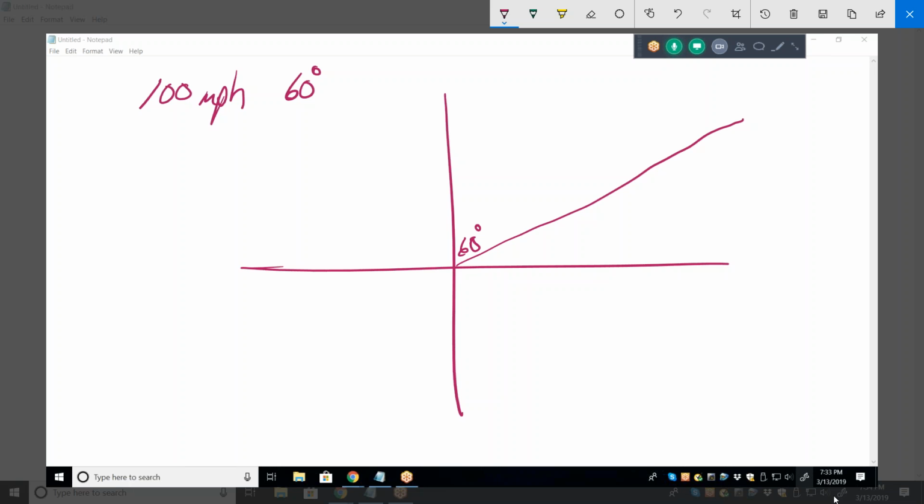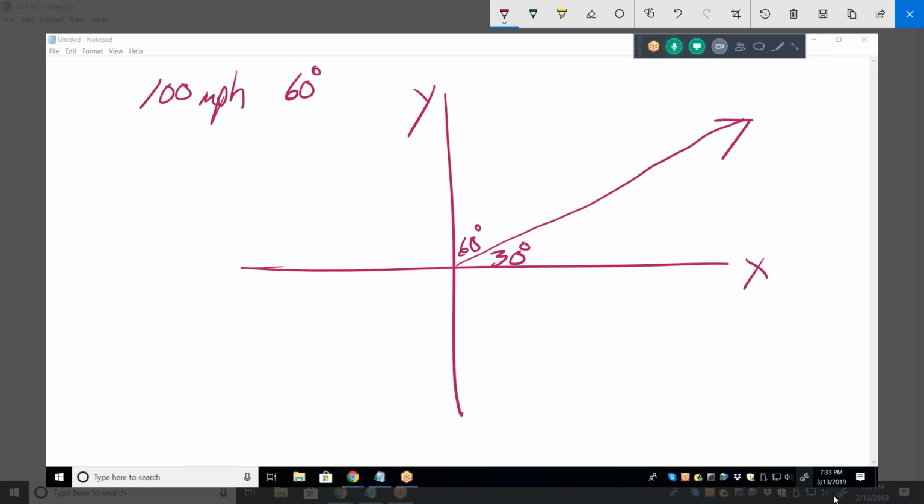If it had said negative 60 degrees, it would have had a bearing of northwest instead of northeast, like this one does. We'll call this x and y. That makes this a 30-degree angle.